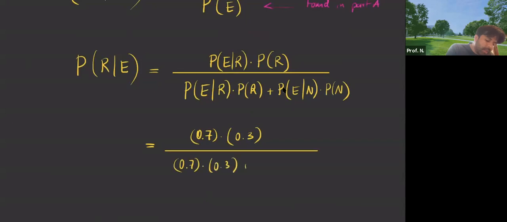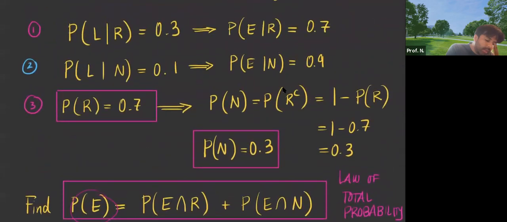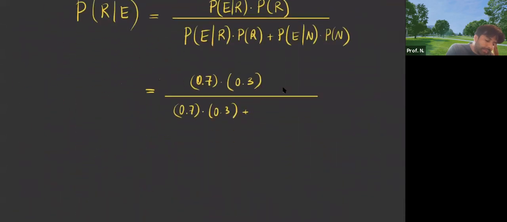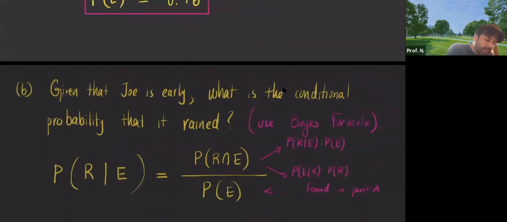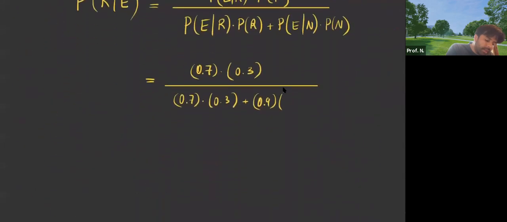The probability that he's early given that it didn't rain was 0.9, and the probability that it does not rain is 0.3. But I already found this in the earlier part, which was 0.76.